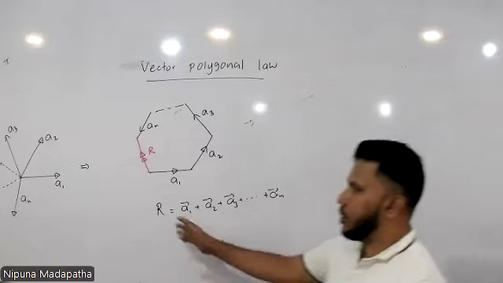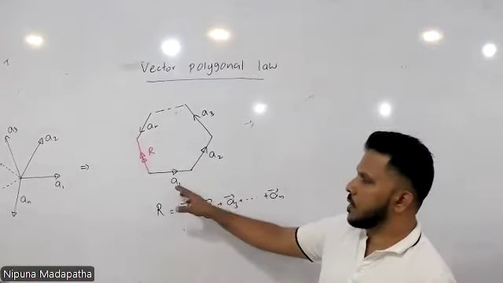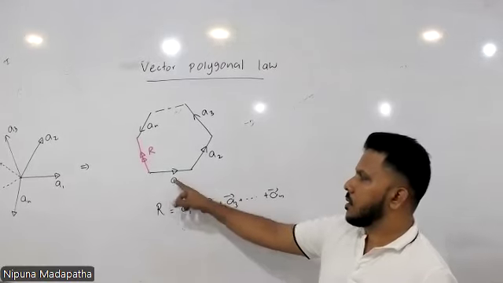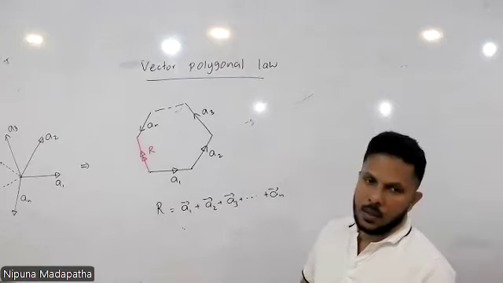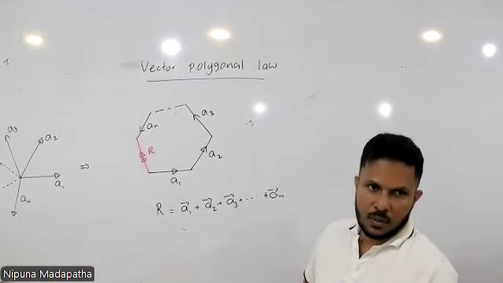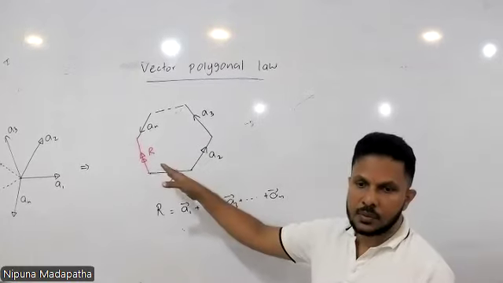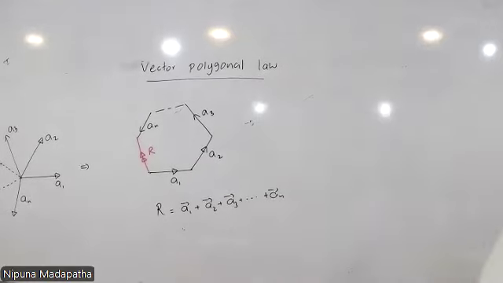These are the n vectors we need to add, and we represent those n vectors by the sides of the polygon with n plus 1 sides, taken in order. Then the closing side, taken in opposite order, will represent the resultant vector.